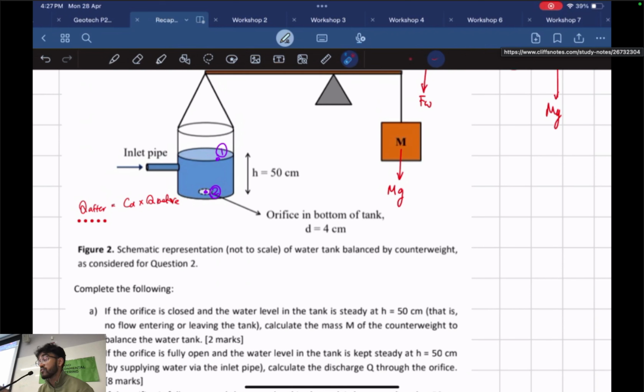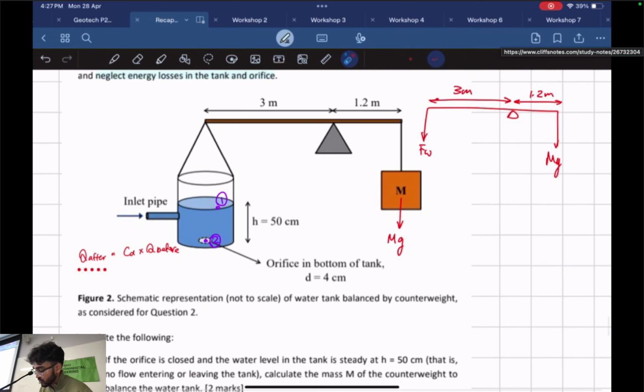Because of the water flowing outwards, you can think of it as a reaction force going upwards. So we've actually got another force to find: the force from the water itself, the force from the water flowing outwards, and also the weight force.